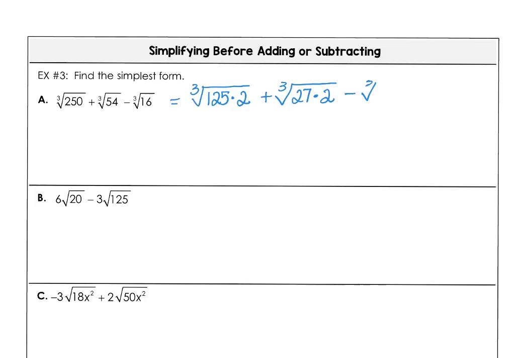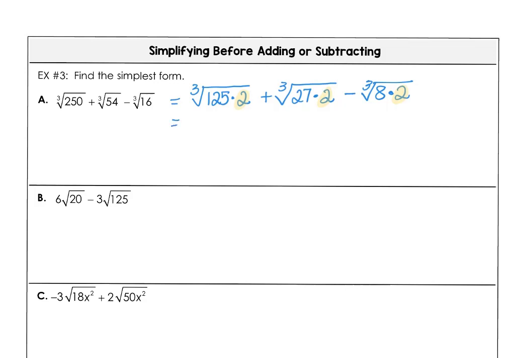And then for the cube root of 16, I could think of 8 times 2. And what we're seeing here is that we have some common factor of 2 in each one of these radicands. So that's going to give us some like terms here.